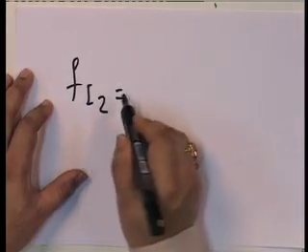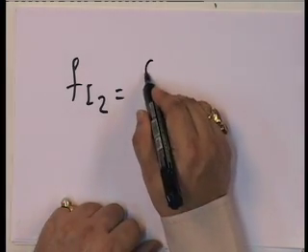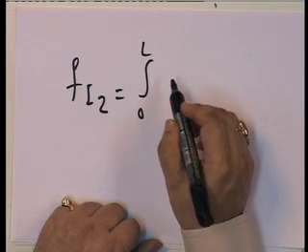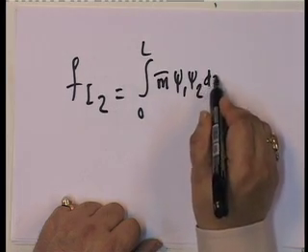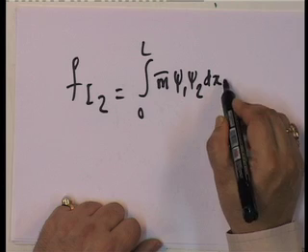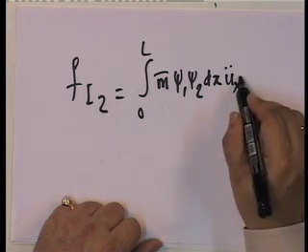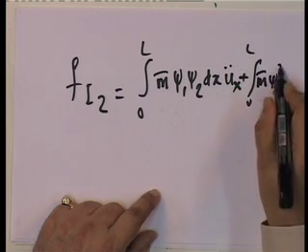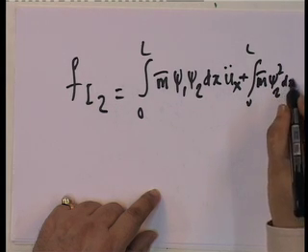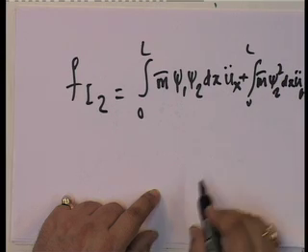So, again what we have is that this becomes equal to the following. f I 2 is equal to integral 0 to L m bar xi 1 xi 2 dx into u x double dot plus integral 0 to L m bar xi 2 squared dx u double dot theta.